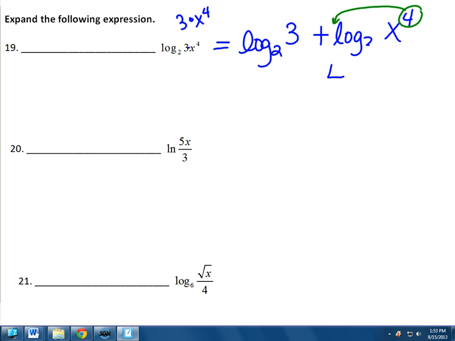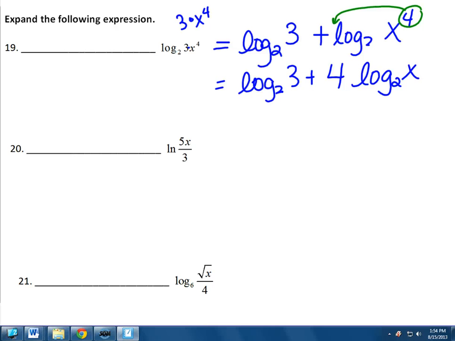So I can rewrite this as 4 times the log base 2 of x. So this is the same value, the same thing we started with, but what we call expanded. All right? So it's important to remember that to expand it, you have to rewrite the word log several times. Oftentimes, exponents become coefficients of the word log.